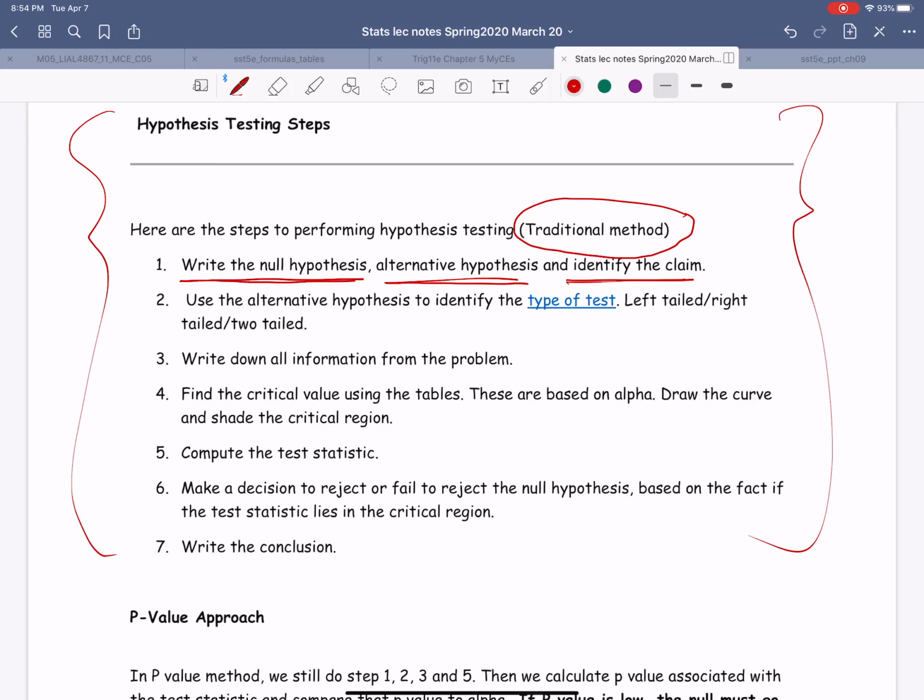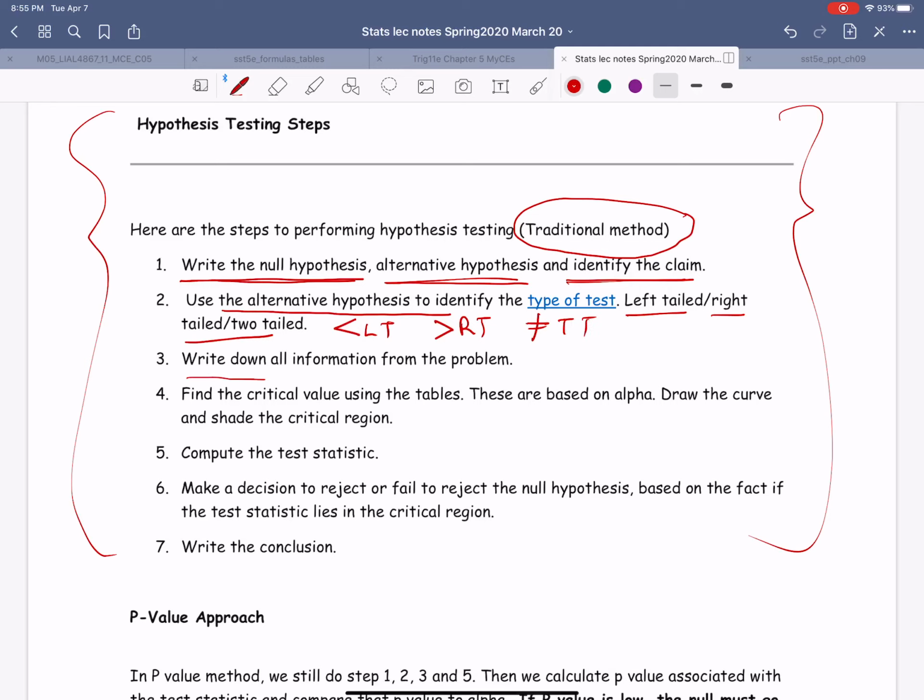Second step is use the alternative hypothesis to decide if you have a left tail, right tail, or two-tailed test. Remember, if alternative hypothesis has less than sign, it would be left-tailed, greater than sign, right-tailed, not equal to sign, two-tailed test.